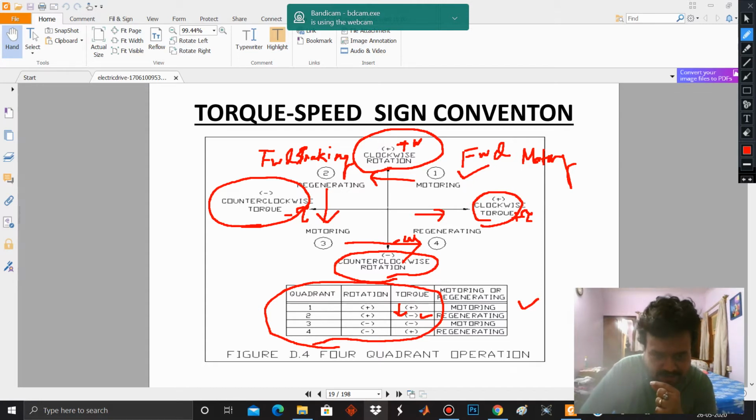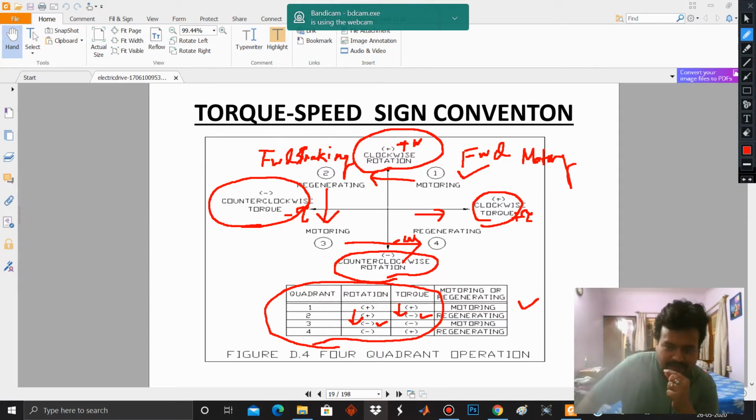But what about the direction of rotation? The direction of rotation has become negative, so there is a sign change in the direction of the rotation. It has become counterclockwise or anti-clockwise from its previous clockwise direction of rotation in the second quadrant.